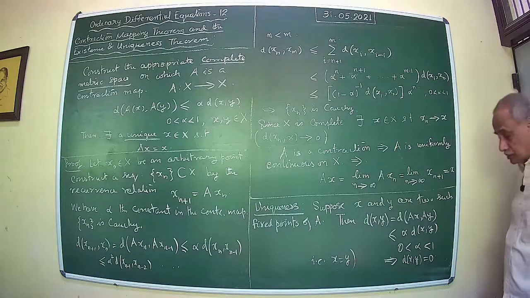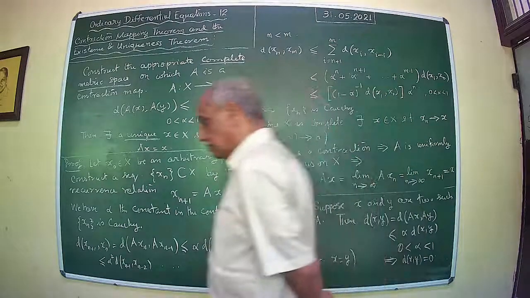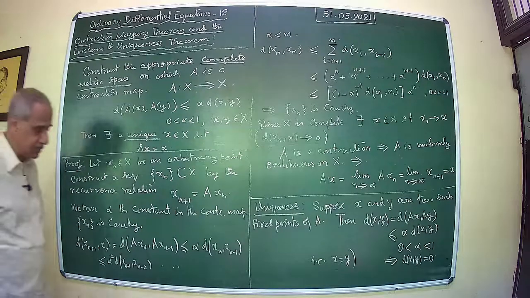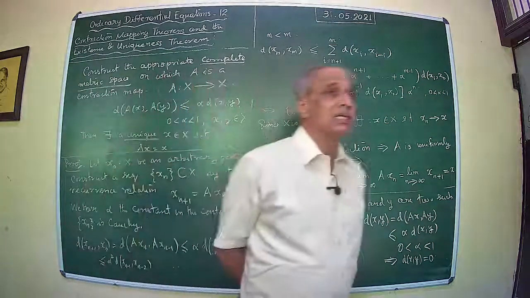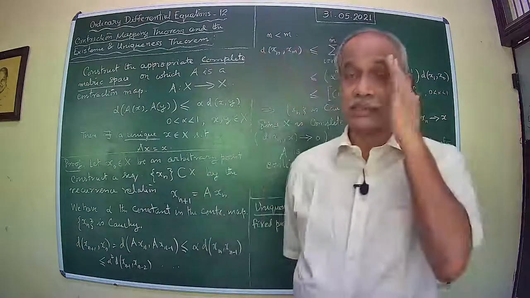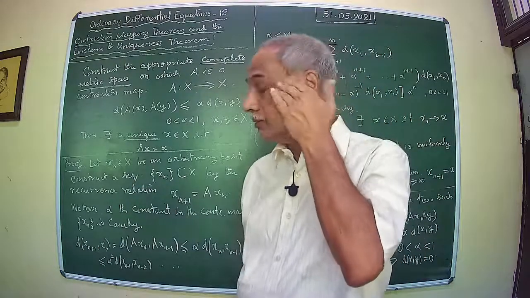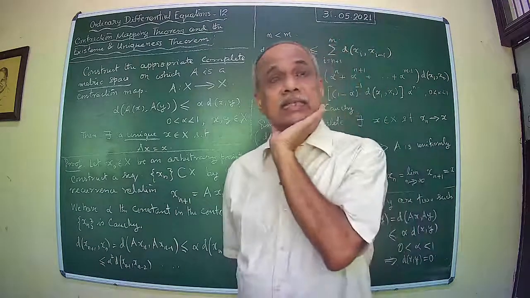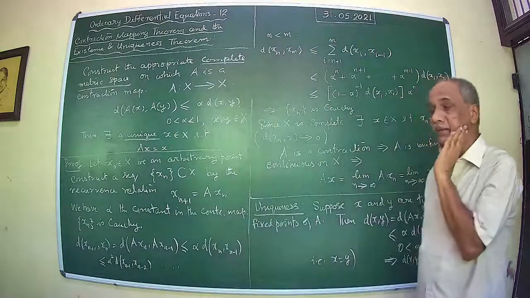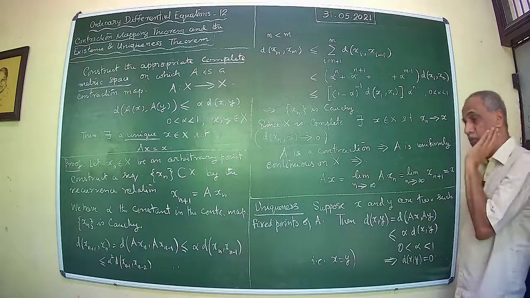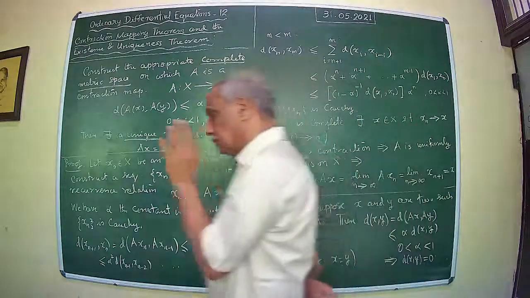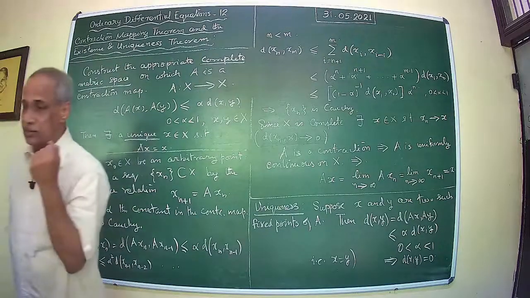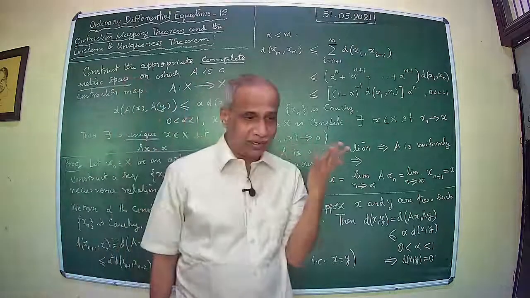It's a very profound result in the sense that, in differential equations, especially partial differential equations, in many cases, if you want to prove the existence of a solution in different types of spaces, what one does is that the given differential equation has an equivalent transformation in some appropriate function space, which becomes a contraction.